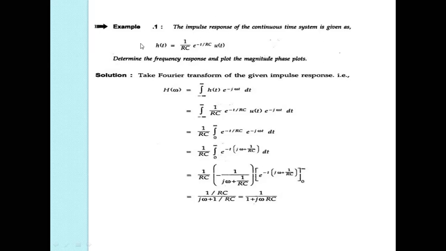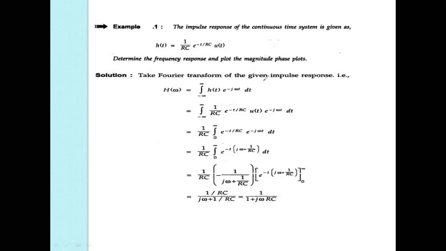Impulse signal is delta of t. So given the impulse response h of t is equal to 1 by RC e power minus t by RC u of t, determine the frequency response. Nothing but you have to find out H of omega or H of f, and plot the magnitude and the phase. Okay, magnitude plot and the phase plot.